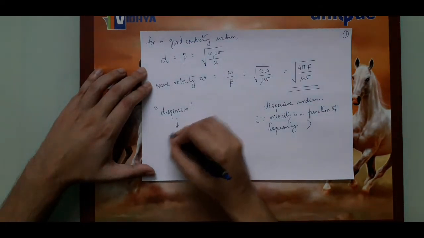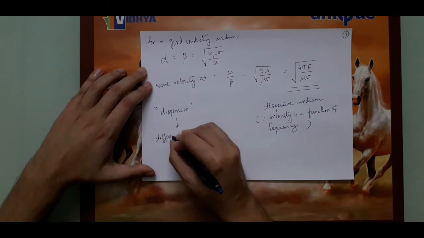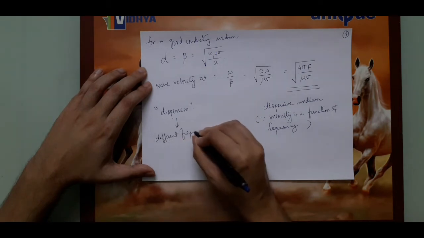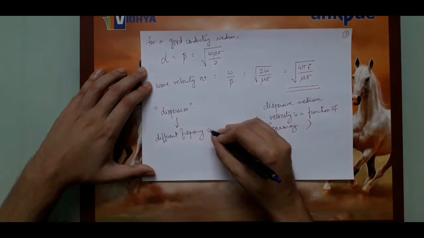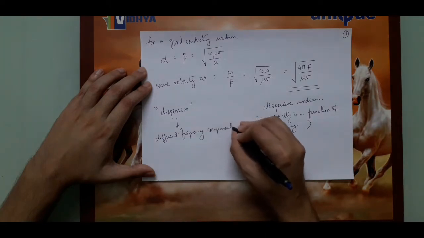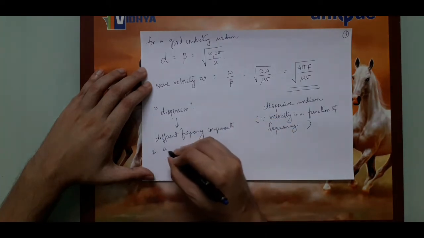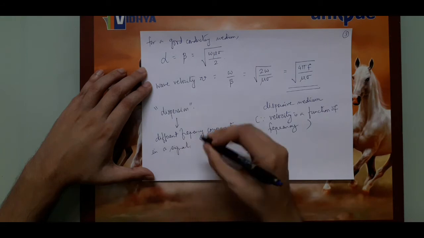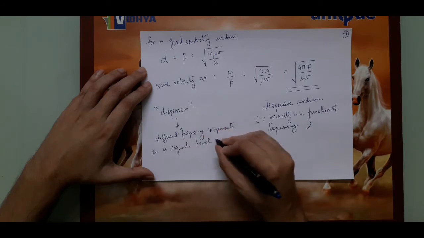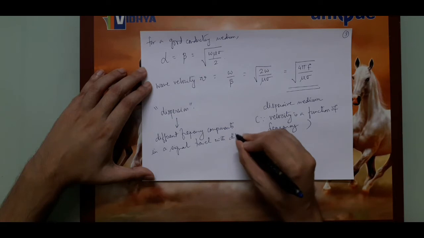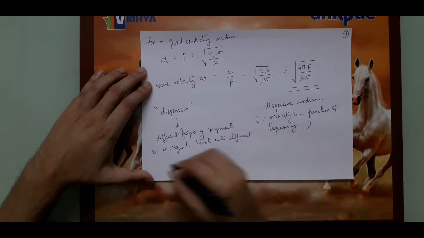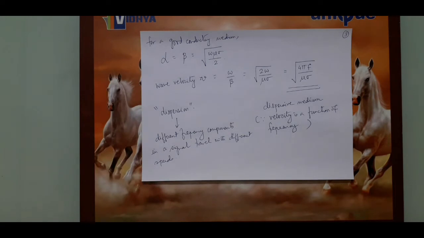So that means different frequency components in a signal travel with different speeds. Now this is particularly dangerous when the wave that you are sending from one end to another is a non-sinusoidal wave.